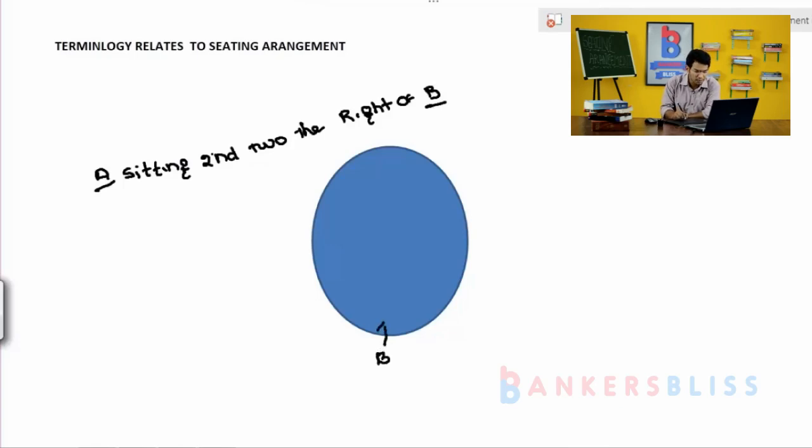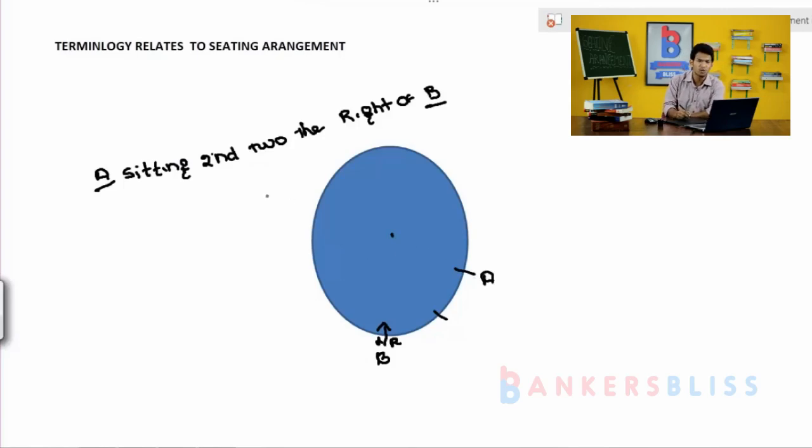Then B is facing the center, which means our left, our right. Then A is sitting second to the right of B. We know the exact position of B is here, and second right, it is nothing but this is first right and this is second right, and the person A is here. Is it clear?